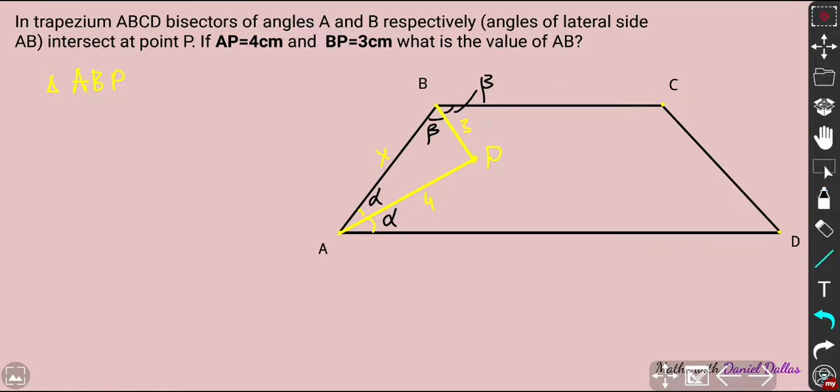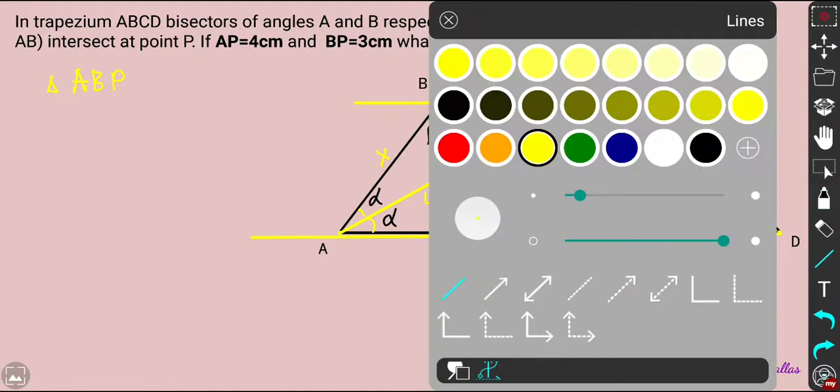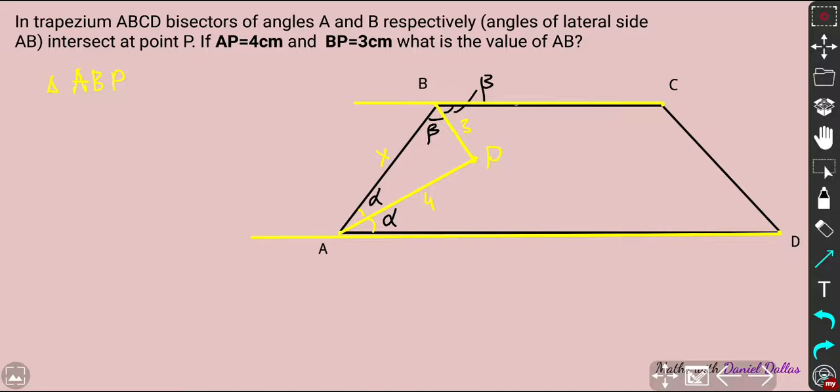Of course you should. If we consider the two bases of the trapezium, we can state that they are parallel. So we denote that using arrows, marking the two bases as parallel.